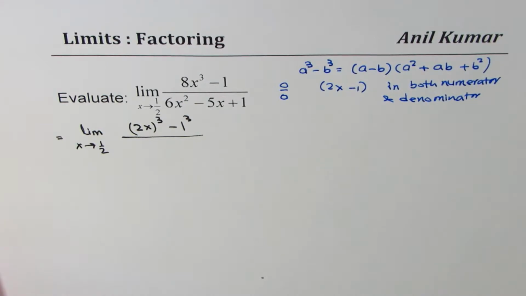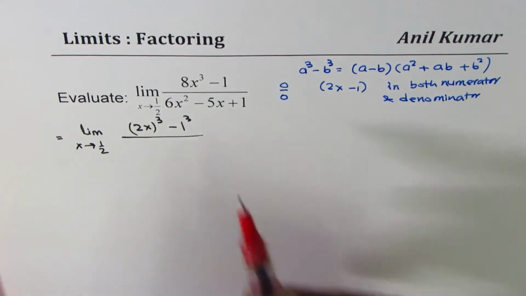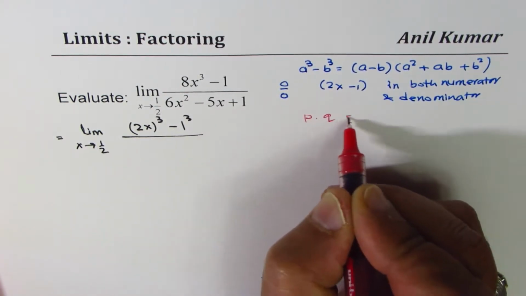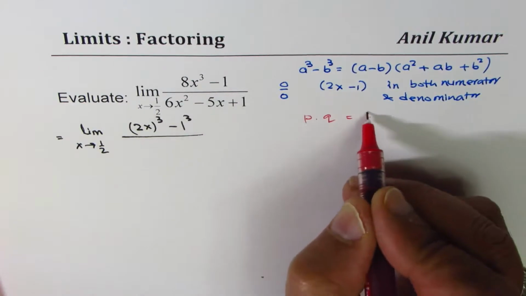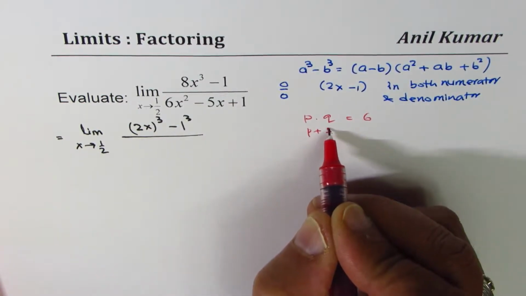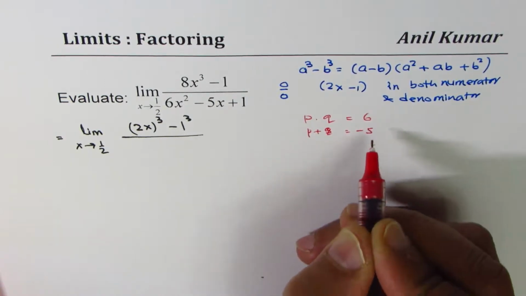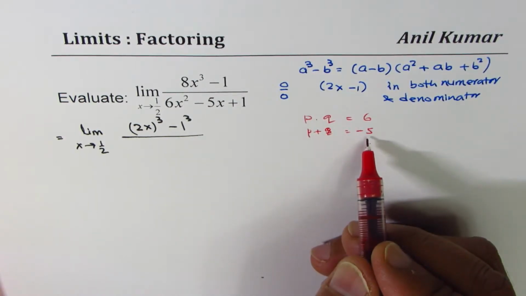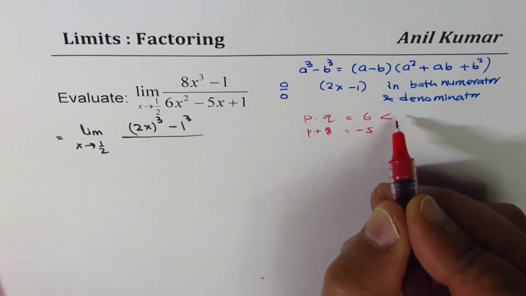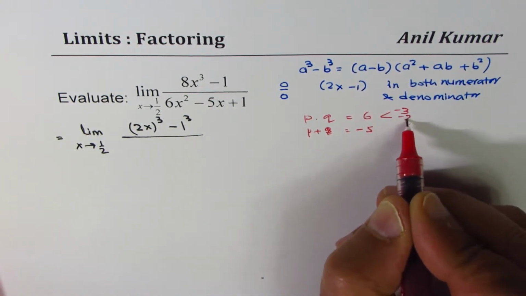In the denominator, we have 6x squared minus 5x plus 1. We are looking for two numbers whose product is 6 times 1, 6, and whose sum is minus 5. So both should be negative. Perfect. The two numbers could be minus 3 and minus 2.